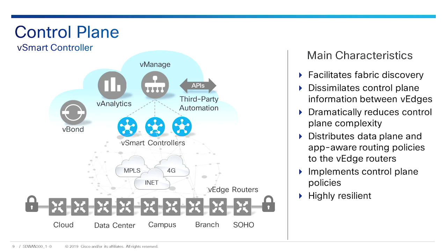vSmart controllers are the centralized brain of the solution that implements policies and connectivity between SD-WAN branches. The centralized policy engine in Cisco vSmart controllers provides policy constructs to manipulate routing information, access control, segmentation, extranets, and service chaining. vSmart controllers are scale-out control plane functions of the Cisco SD-WAN fabric.